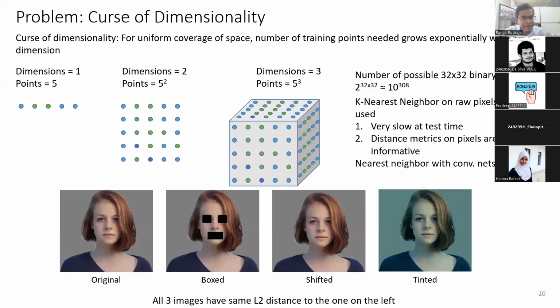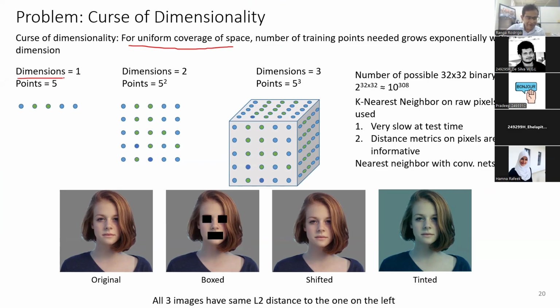Okay, now let's talk about a concept called the curse of dimensionality. This is especially important in image classification because images are large in the number of pixels. For uniform coverage of space, the number of training points needs to grow exponentially with the dimension. Now let's take examples.